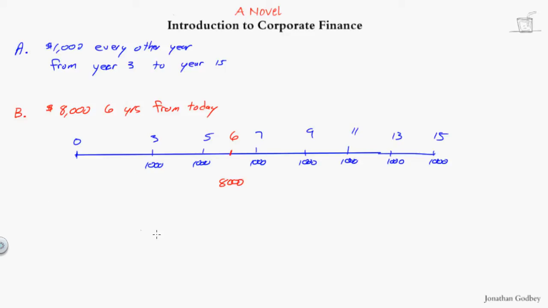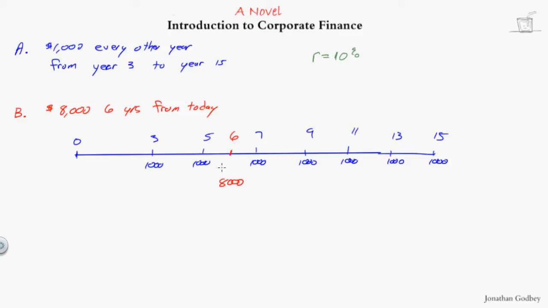Which one of those do we think is going to be the better one? Well, I need to know the interest rate first of all. If I don't know the interest rate, size, timing, and risk of the cash flows, right? Here's the size and timing. Well, it's the risk that's embedded in this interest rate, so let's say that's 10%. In order to compare these cash flows, I need to have them at the same point on the timeline.